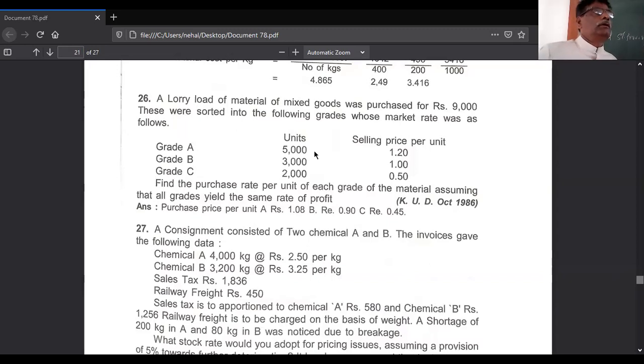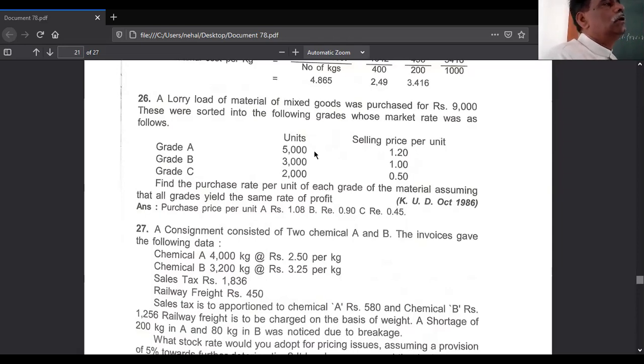Not the same quality. Different quality or mixed quality material is there. And it is purchased for rupees 9,000, in lump sum or wholesale rate.